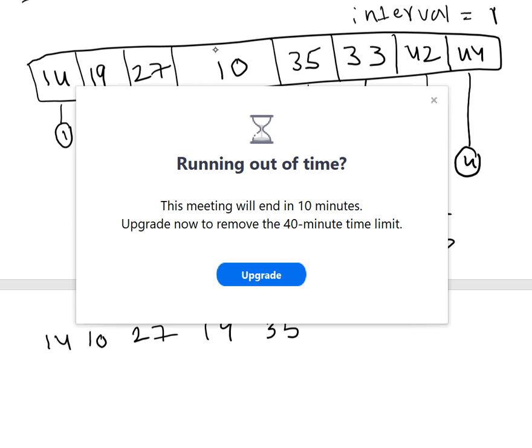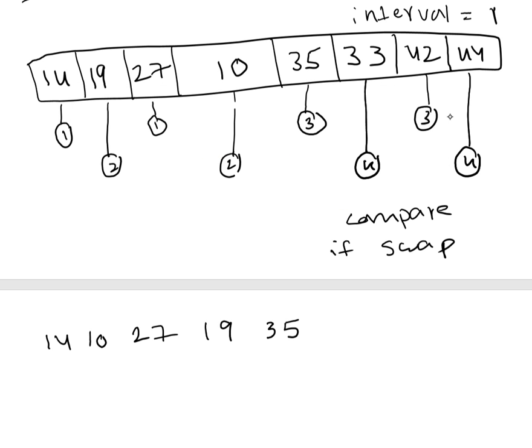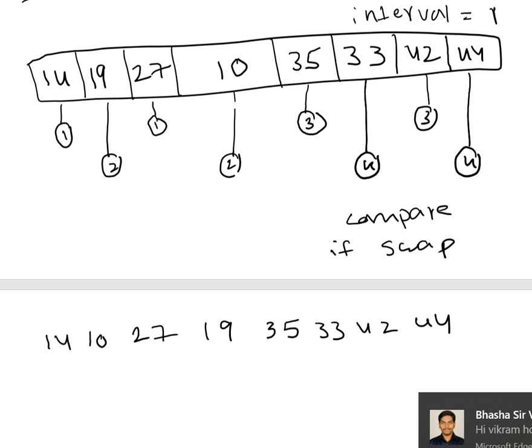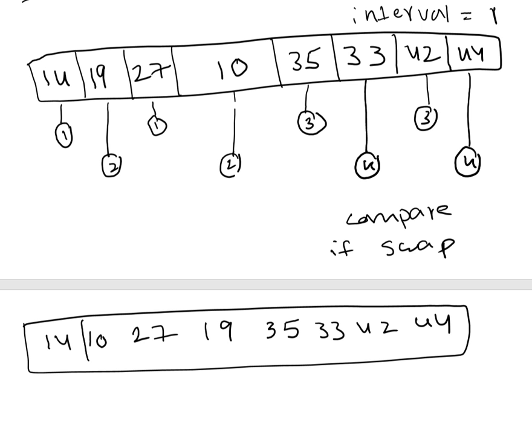No changes, right? 35 and 42. Next, 33 and 44. No changes. Now you check it out. So still the elements are not in sorted order.